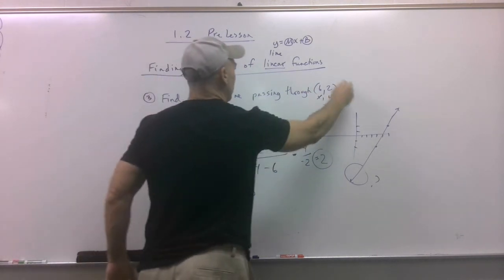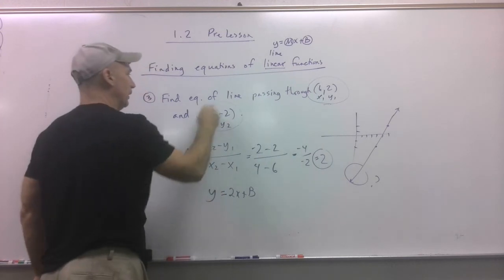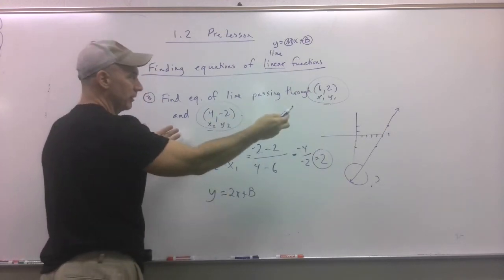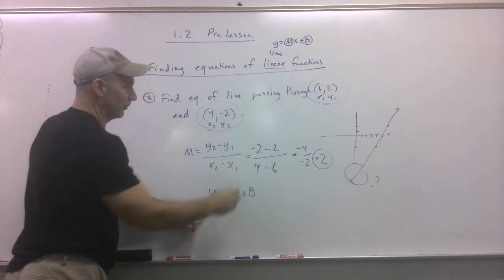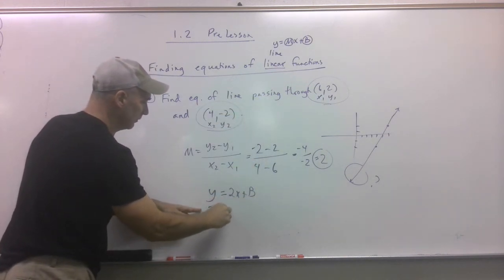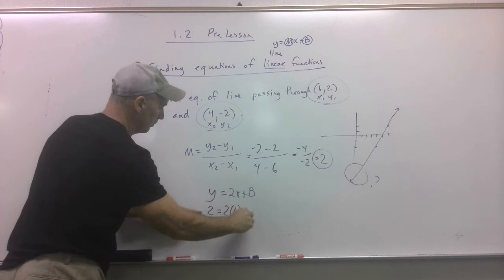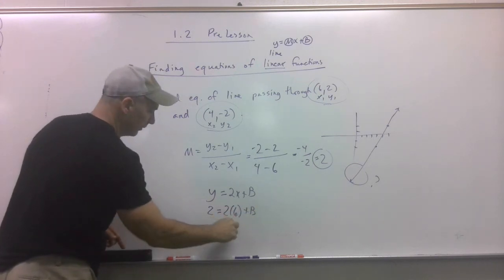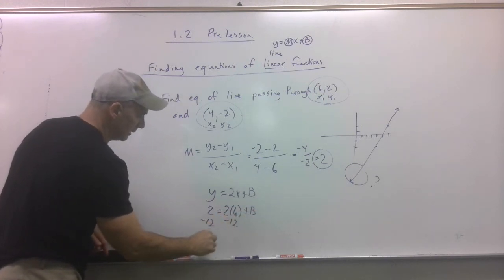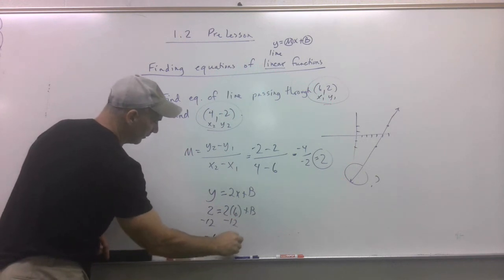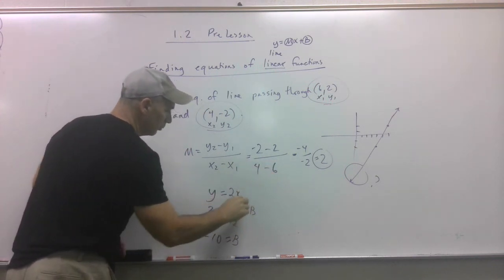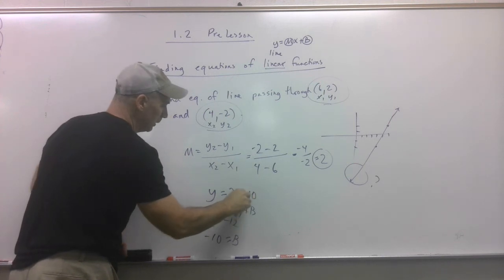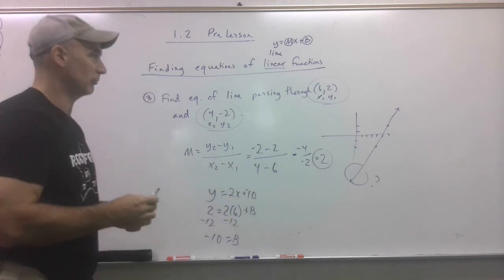Notice we have 2 points, point 1, point 2. We can pick either one of them because the line goes through both of them. Plug them in here. I'm going to pick the first one. Y equals mx plus b. Now this is 12, so I'm going to subtract 12, subtract 12. I get -10 is b, and that makes sense looking at my picture. So it'd really be 2x minus 10, or plus a -10, however you want to answer it.